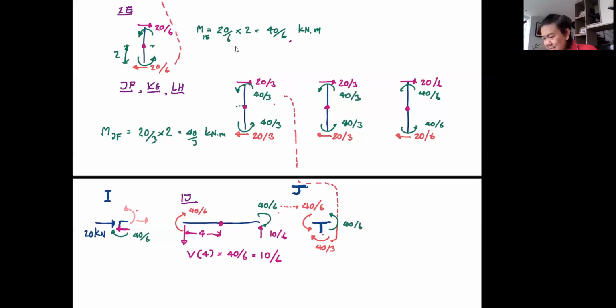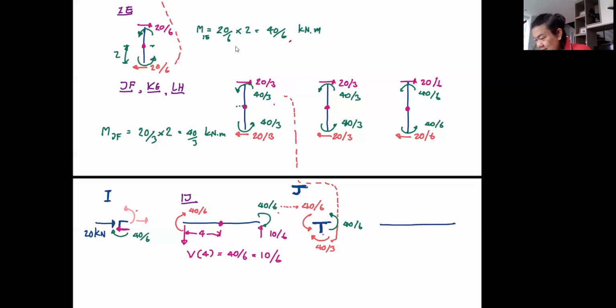So you see, it's going to give you the end moment that is equal on another beam adjacent to this joint, right? And let's focus on the moment first.